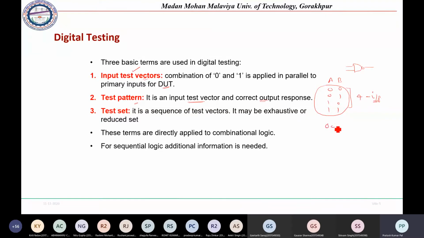Suppose we use 00 and 10, only two test vectors to check the chip. That is called a reduced set, and the complete set is called the exhaustive set. These input patterns will be applied to combinational circuits. For sequential circuits, as they have feedback, some extra circuitry is required. So basically here we will be focusing on combinational circuits.